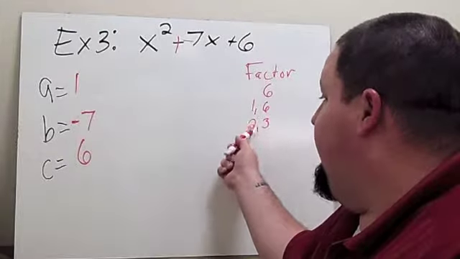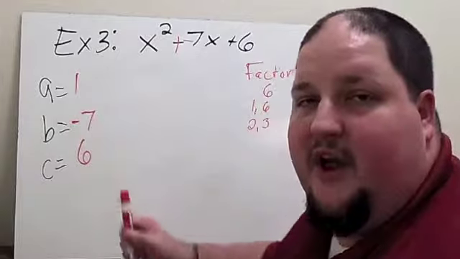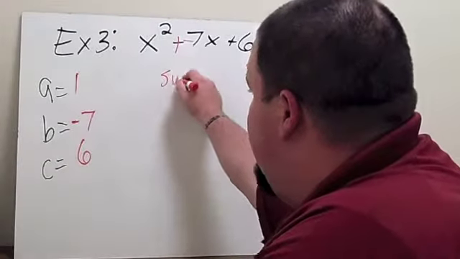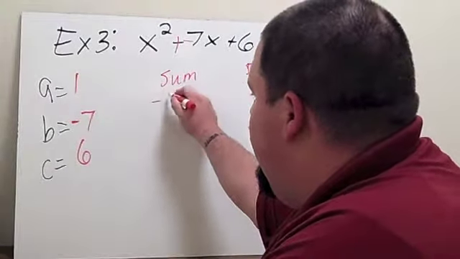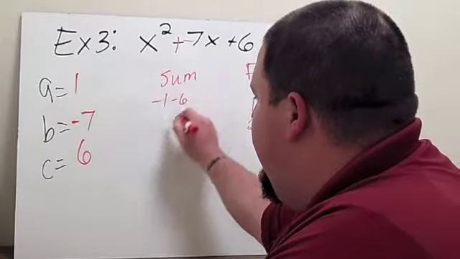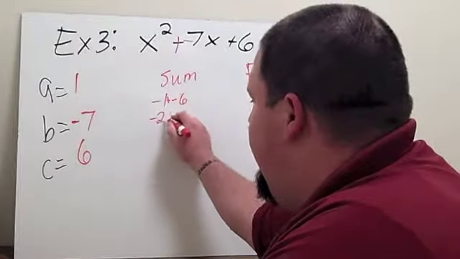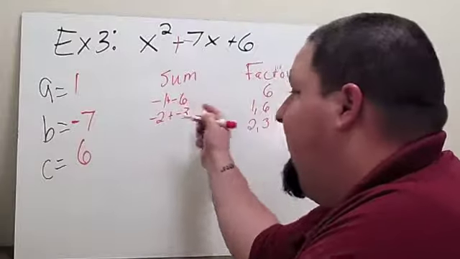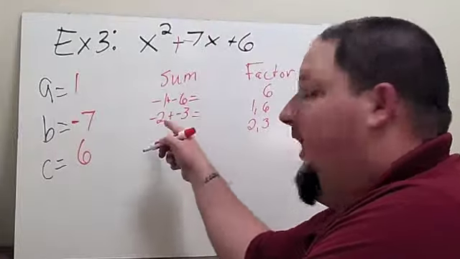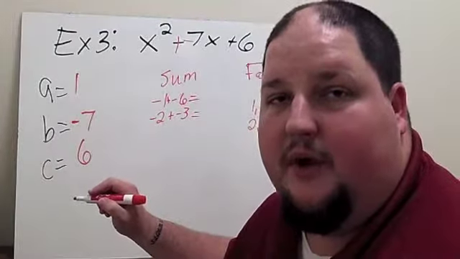But because this is positive and this is negative, I know that both of my numbers are going to be negative. So I'm going to have negative 1 plus negative 6 and negative 2 plus negative 3.